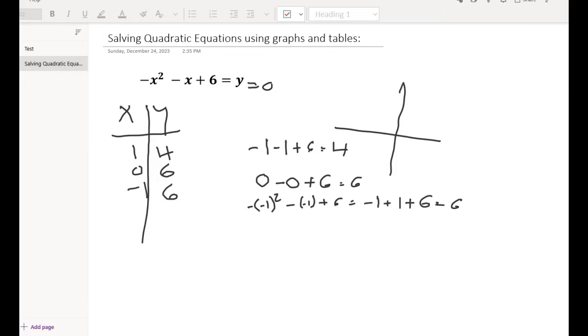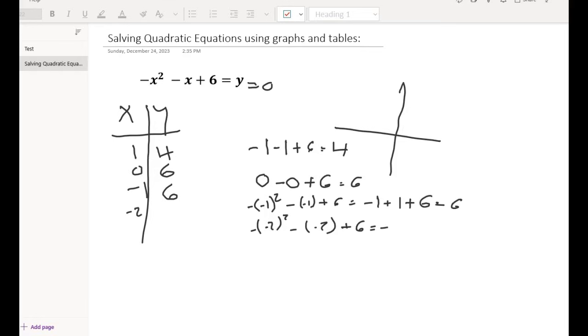And let's put in minus 2. Alright, we get minus 2 squared, minus minus 2, plus 6.